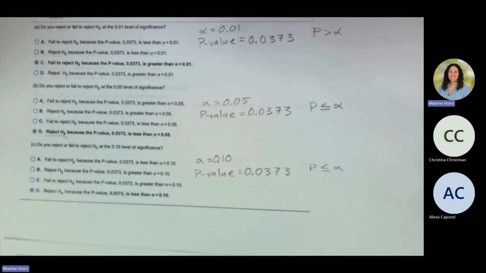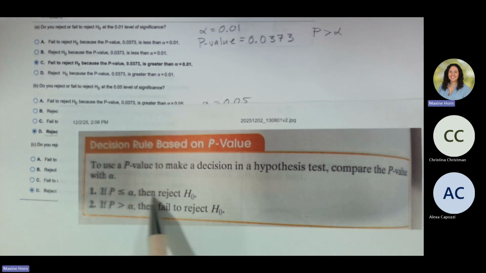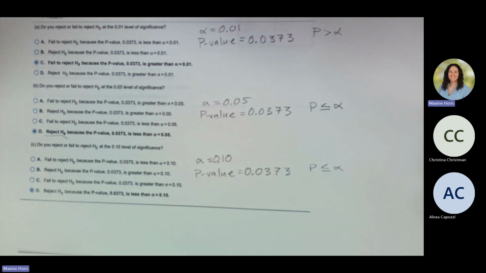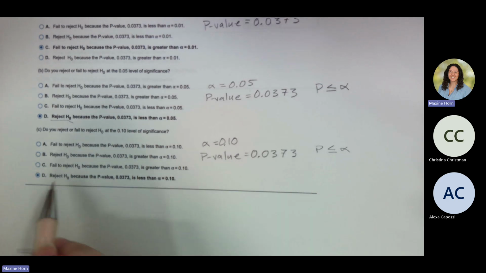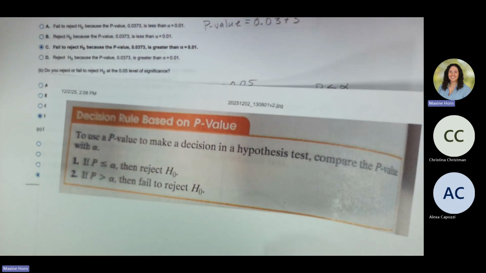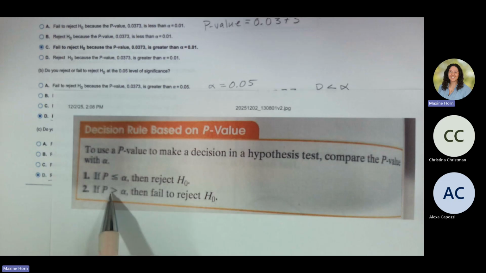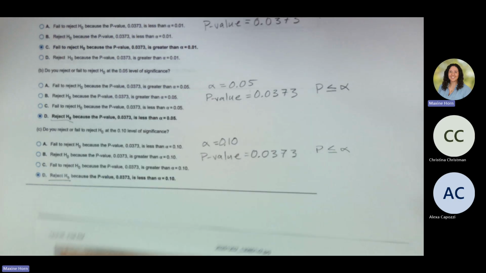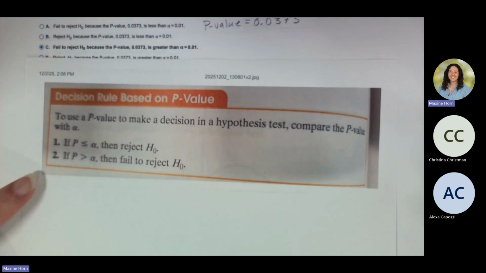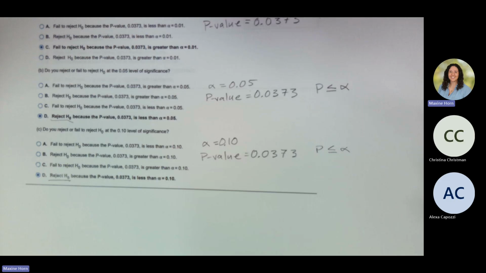So again, we are going to reject the null hypothesis because the p-value is less than the alpha. You can read this for yourself. When it's greater than, you fail to reject. When it's less than or equal to, you reject. See how we keep referring to this? I would definitely write this down on your study sheet.